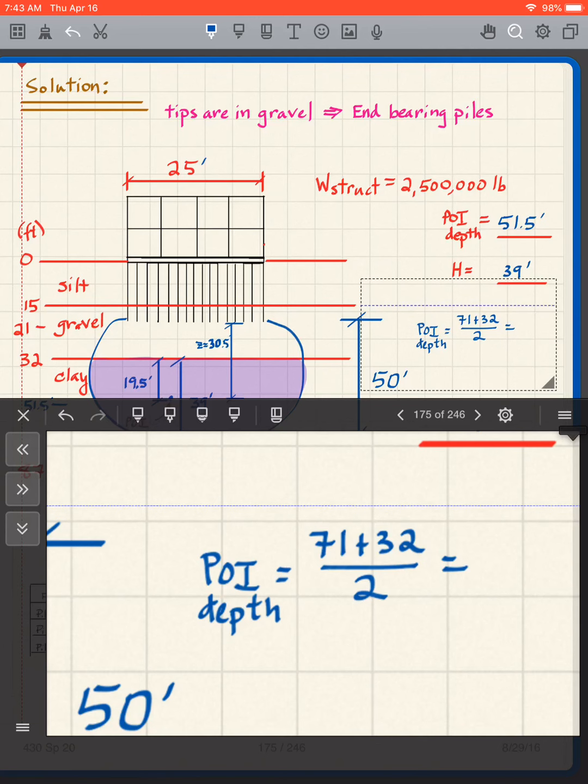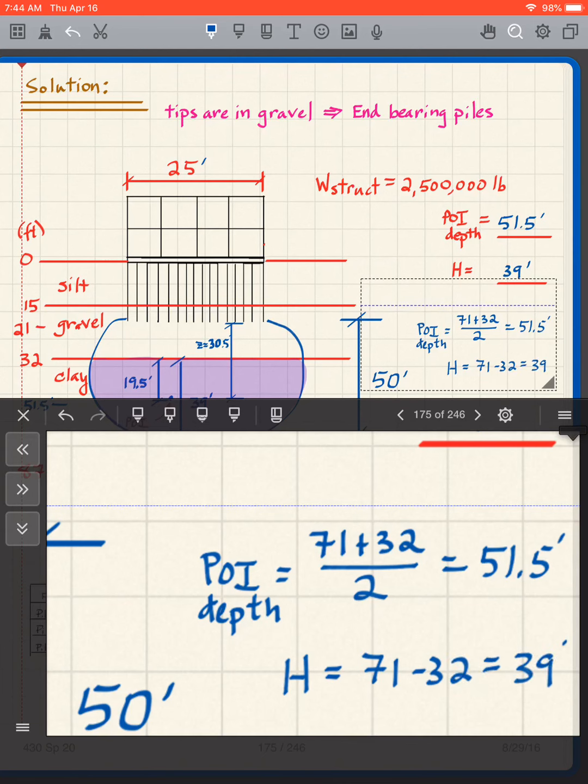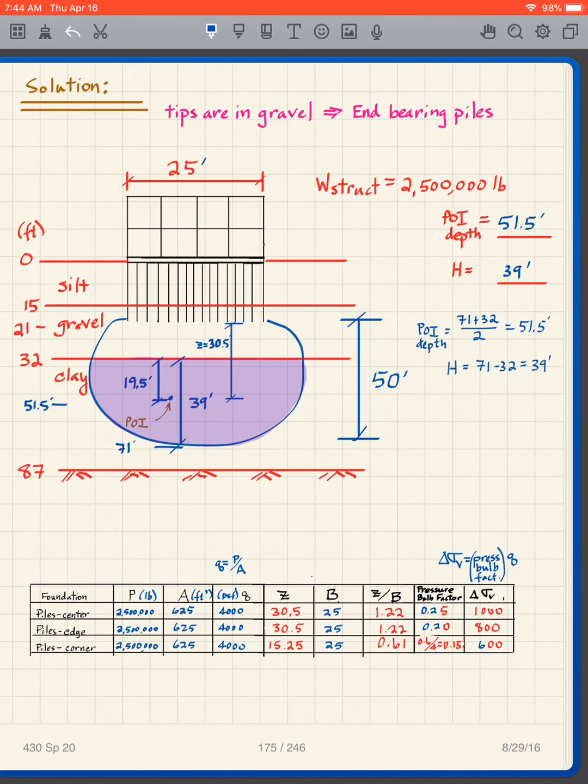And that works out to be 51.5 feet, and our H is 71 minus 32, which is 39 feet. So we get that point of interest depth, 51.5, H is 39.